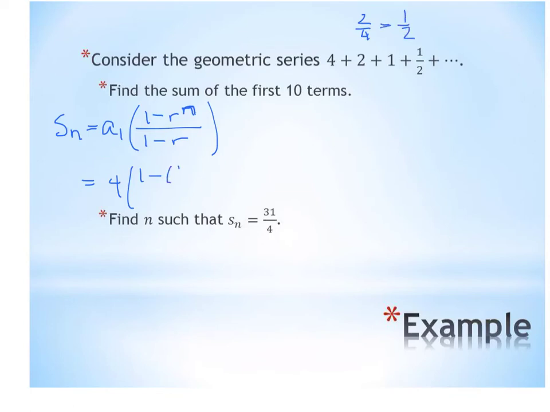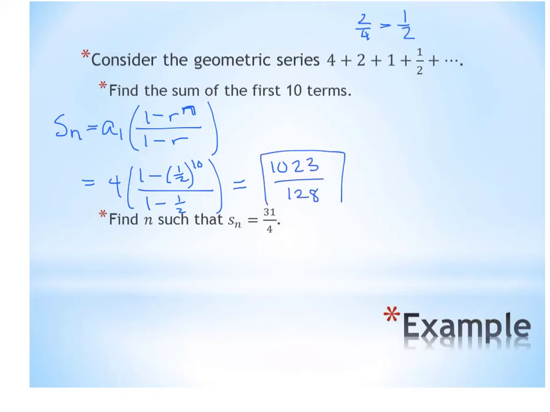So we're going to do a half to the 10th power over 1 minus a half. Okay, and so if you want to work that out, you can, or if you just want to punch that in the calculator, you should get 1,023 over 128. So that's the sum of the first 10 terms.